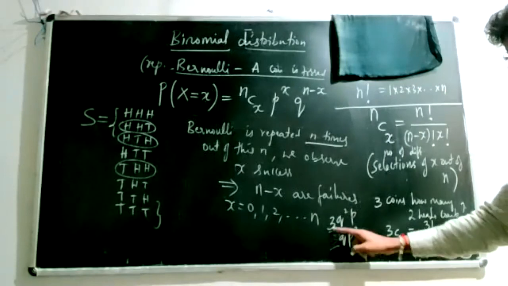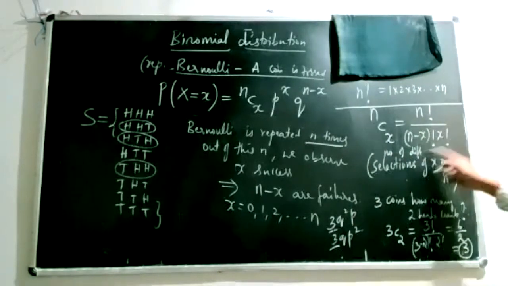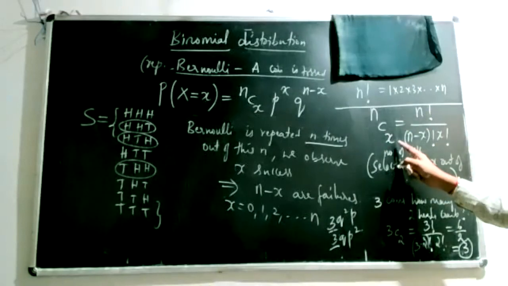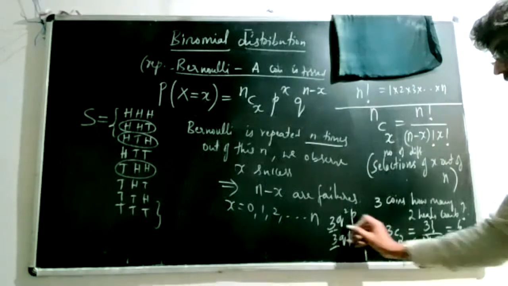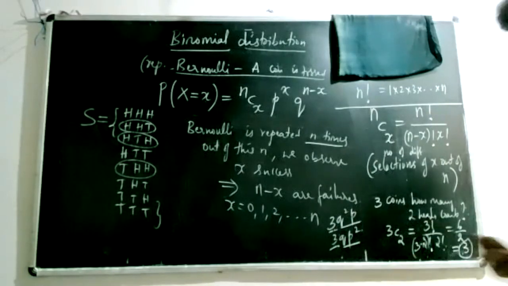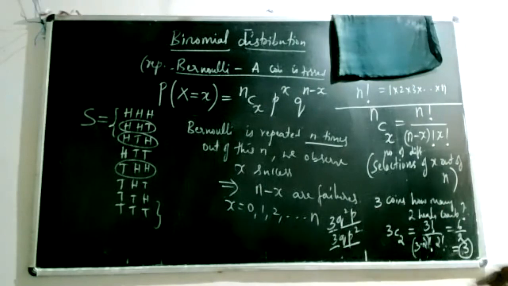But in a large case, we could take the help of mathematical terminologies, equations and formulas, so we can obtain this. Now coming to the actual probability term, which is q square p, q p square. Now just understand it simply.